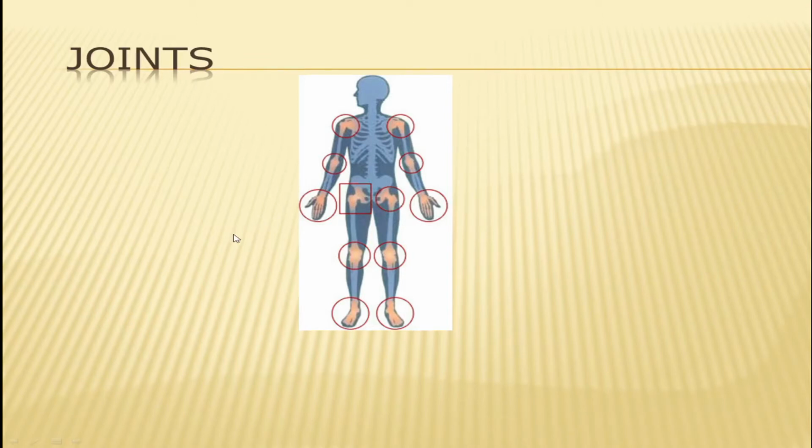If we change the location of these joints, such as the joint here, if we take it somewhere here to the shoulder, or take this joint here to the hand, what will happen? Yes, the structure of the body will not be like this, and no more a human body.